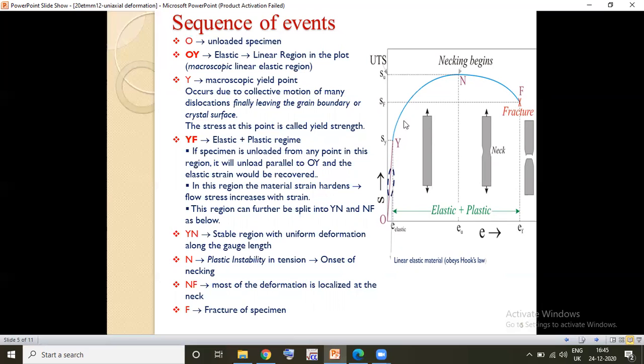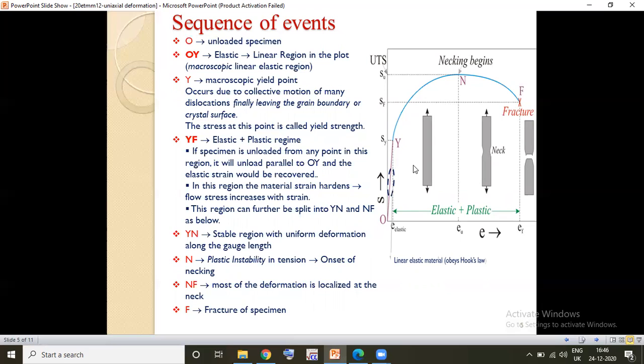In the region Y to N, we have the uniform deformation region, and N to F is the non-uniform deformation region. O is the point of starting of the load, or the unloaded specimen, and O to Y is nothing but the elastic region.